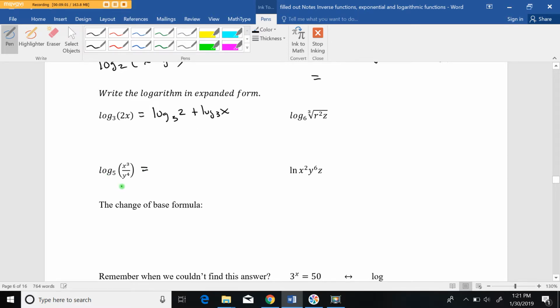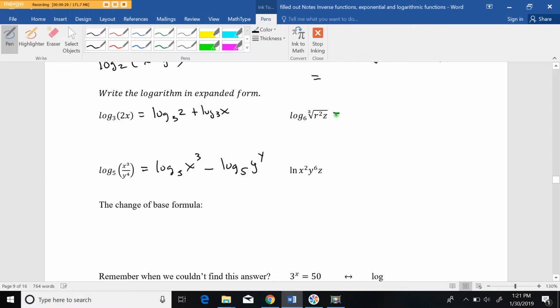Okay, log of a quotient is the difference of the logs, so we can write this one log base 5 of x to the, I'm having trouble seeing that, I don't have my glasses on, give me a moment. I think that's a 3. All right, minus log base 5 of y to the 4th for the bottom. It just says expand, it doesn't say to bring these out front, so I'll just leave that alone.